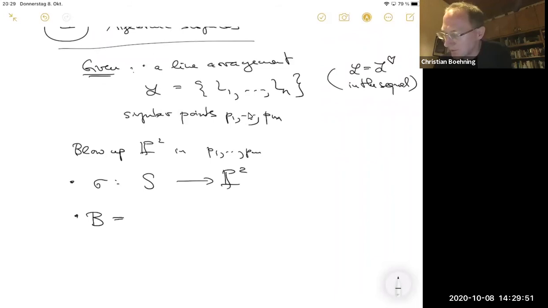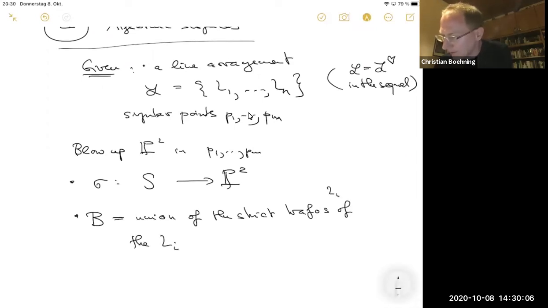This should be the union of the strict transforms of the Li, say Li bar, and the exceptional divisors.